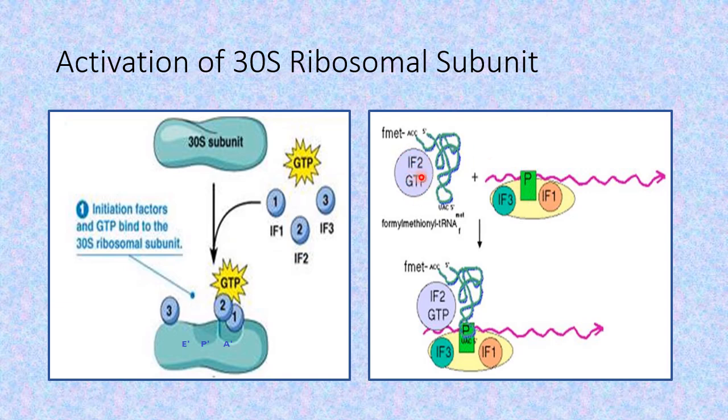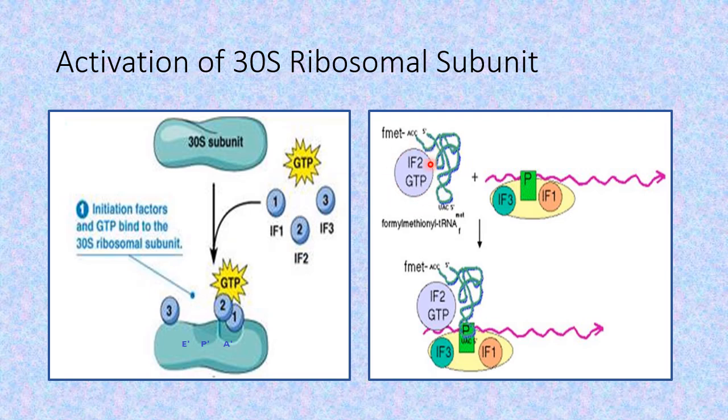associated with another initiation factor, that is IF2. Now this IF2 is a GTPase protein. That means it is associated with the GTP molecule, the guanine triphosphate molecule, which again is the energy currency.